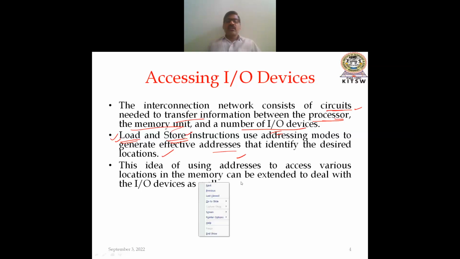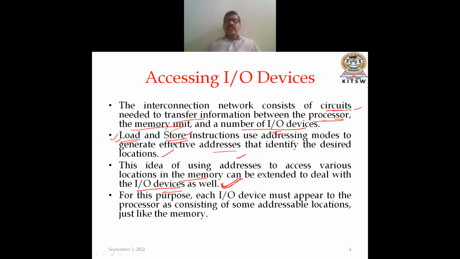Just like how we access memory locations, memory addresses, from the memory unit, the processor will make use of the same idea of accessing the memory unit. The same mechanism can be used for accessing the IO devices as well. For this purpose, each IO device must appear to the processor as consisting of some addressable locations, just like the memory.